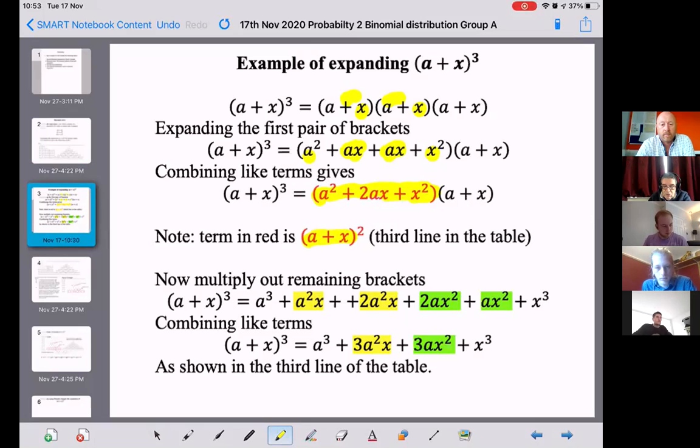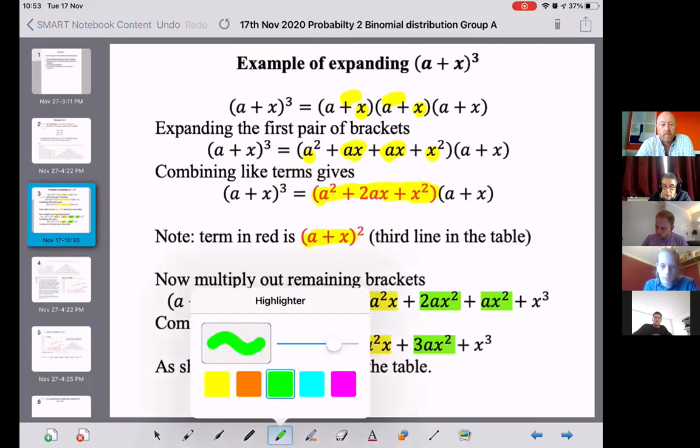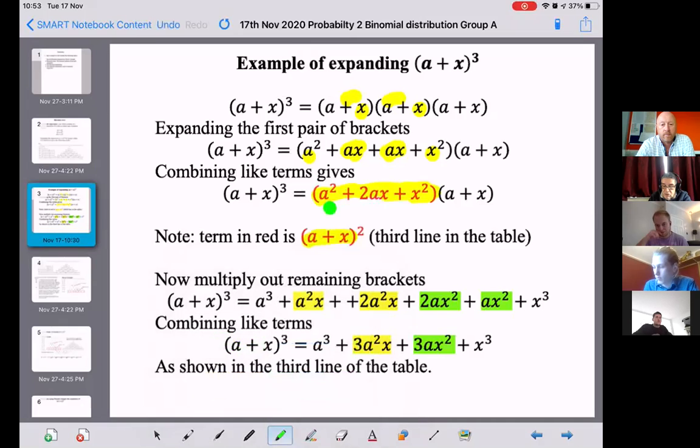So multiplying out those two sets of brackets, we get a cubed. So that's a squared times a is a cubed. A squared times x is a squared x. 2ax times a is 2a squared x. 2ax times x is 2ax squared, and so on. Carry on with that.